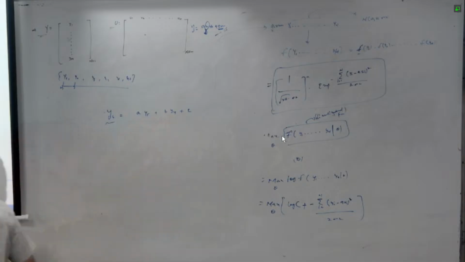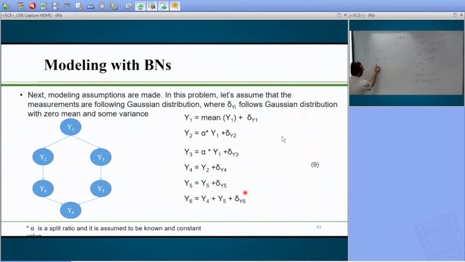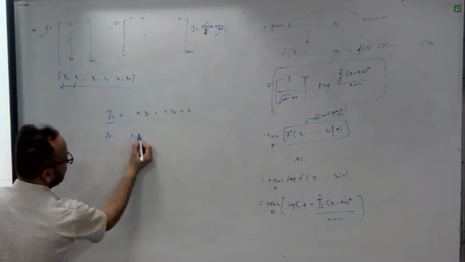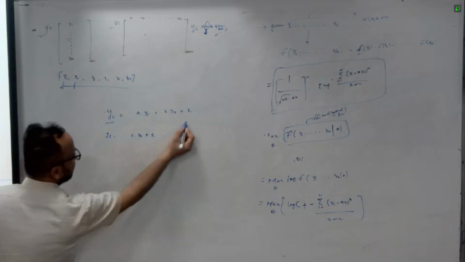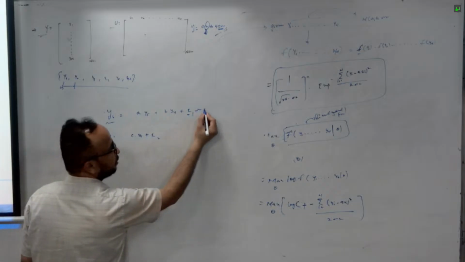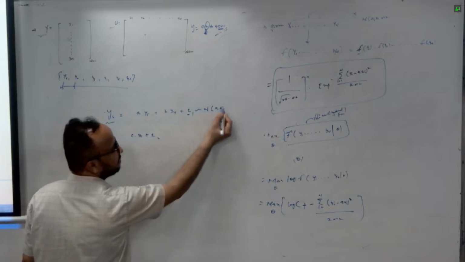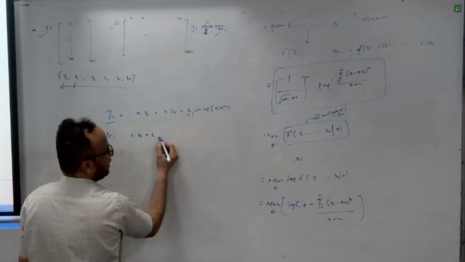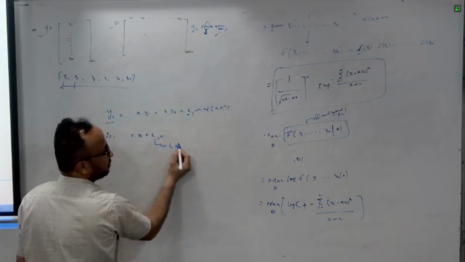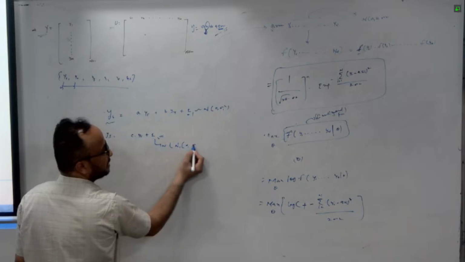Now in the same way, I'll look into y5. y5 is another model which equals some c into y3 plus some uncertainty, epsilon 1. The uncertainty follows a Gaussian distribution with some mean and some variance. And again, you have a different uncertainty which follows a Gaussian distribution with 0 mean and some sigma 2.